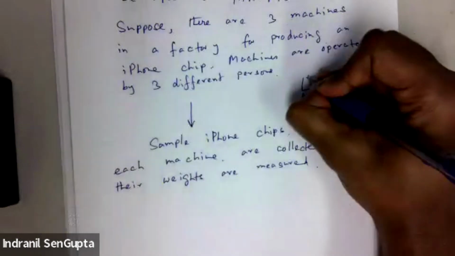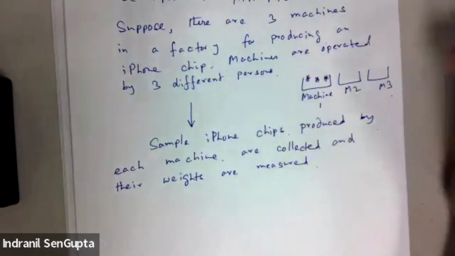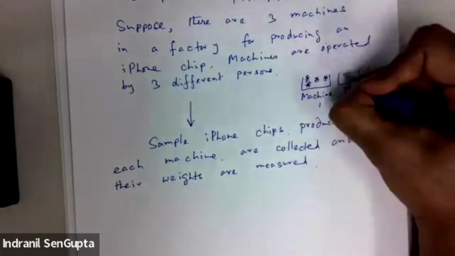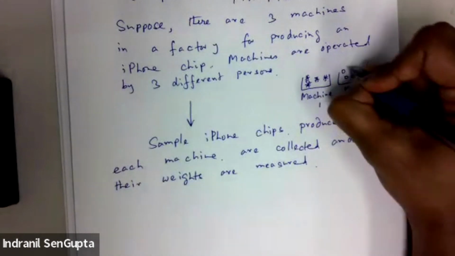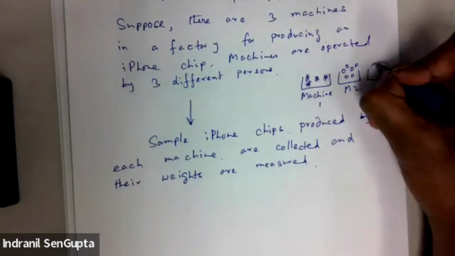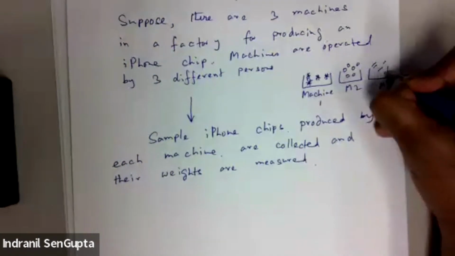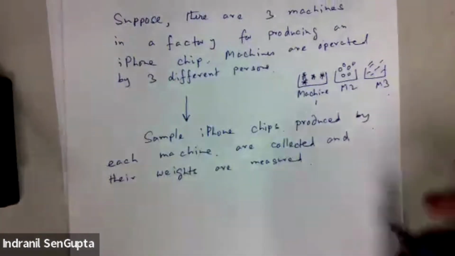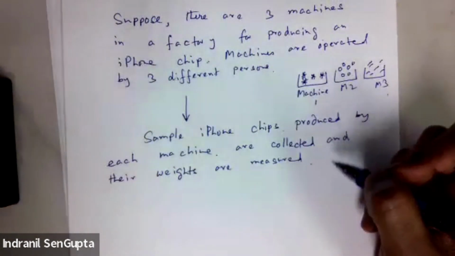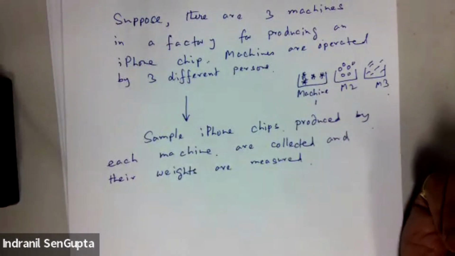So there are a bunch of chips here. These are the samples. We are taking the samples and then these are measured.